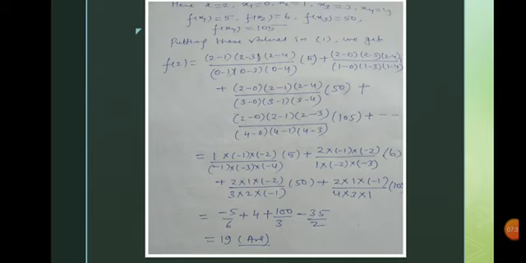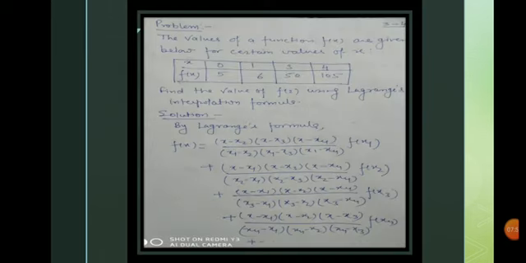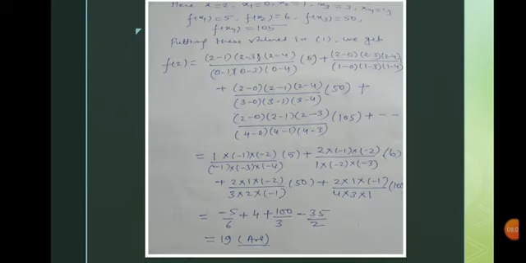Now we put these values in Lagrange's interpolation formula. Look at the formula, the first term: f(x) is equal to (x minus x2), and we already noted x2 is equal to 1.